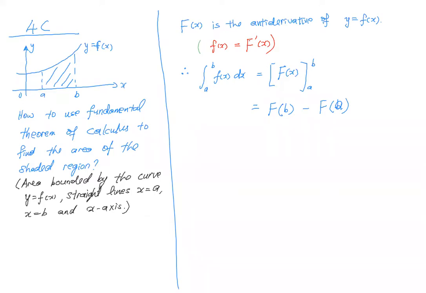You get me? So this is called the fundamental theorem to find the area of the shaded region. Or in another word, later I will give you an example to find the function if given a derivative function. So everyone, any question on this?